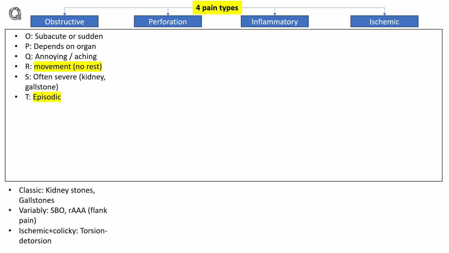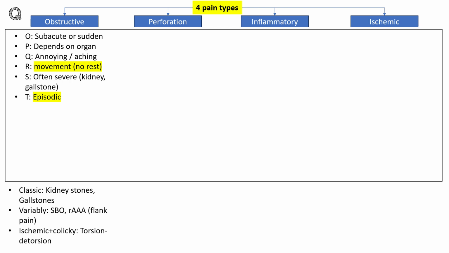That's a classical picture, but other organs can present like that as well, like the flank pain patient with the aortic aneurysm, and if there's an obstruction of the bowel, it doesn't necessarily translate to a classical presentation like this. It can, but not as often as the kidney stones and gallstones, in my opinion.